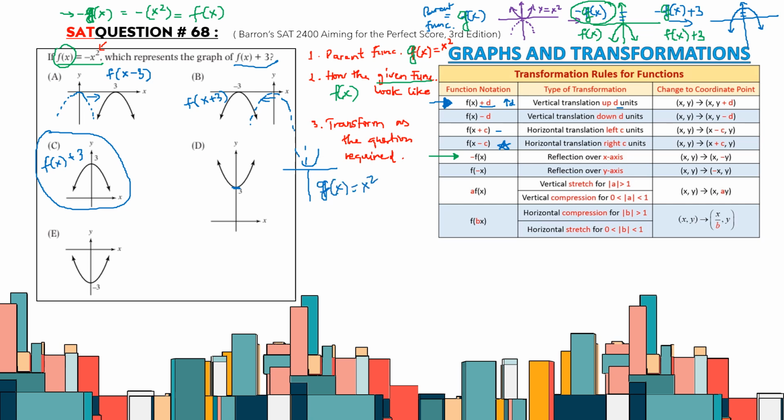So this one is g of x plus 3. For E, it is g of x minus 3, because we go down from the parent function g. Here is g. We move up 3 units, we move down 3 units.